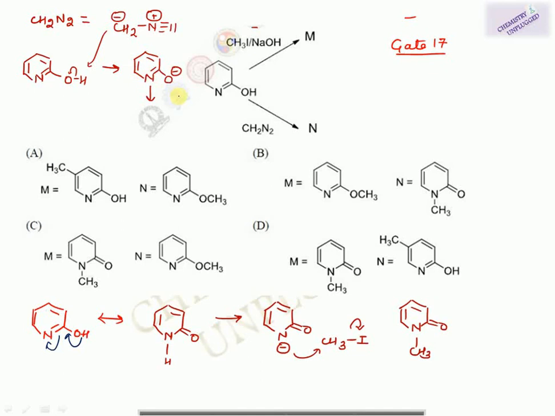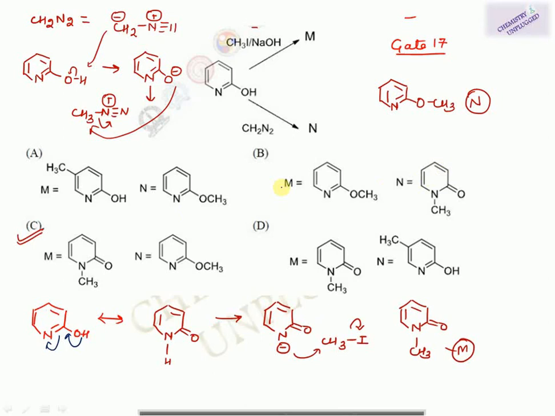Now it will attack again on this CH3N2, which is formed after attachment of the hydrogen. The negative charge will attack on this and N2 will be removed. So the final product will be this one, and this will be your product N. So this is M and this is N, and option C will be the correct option.